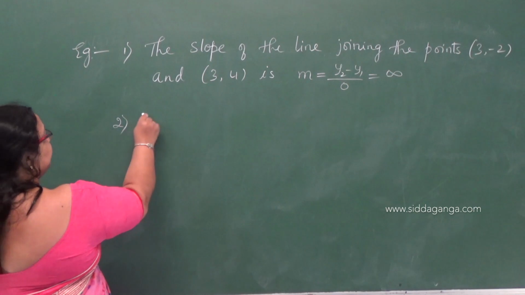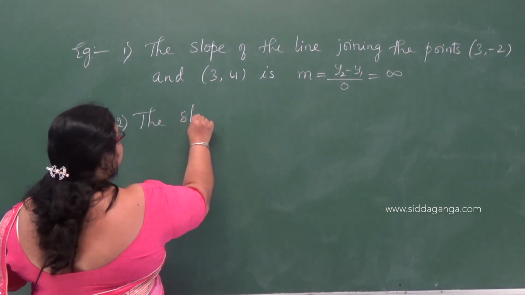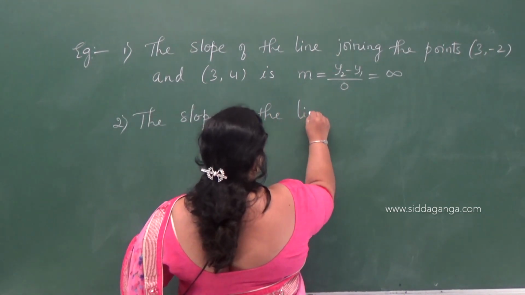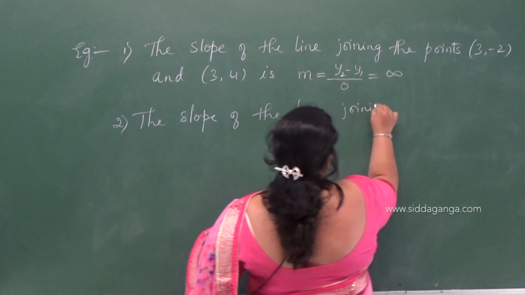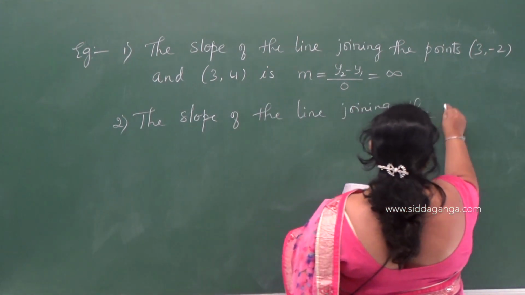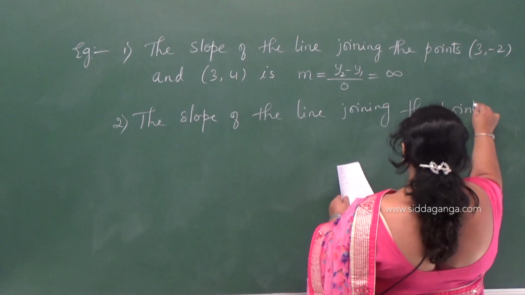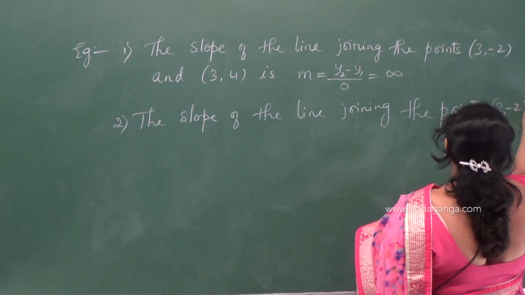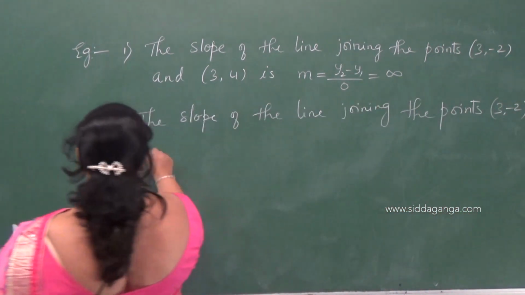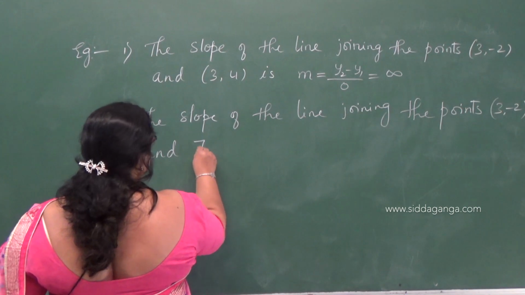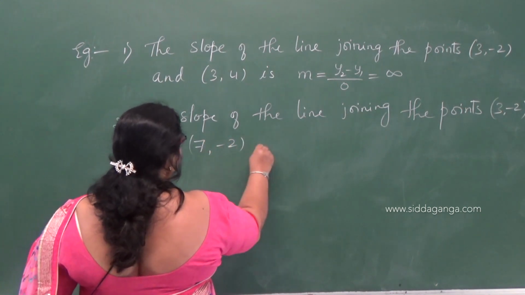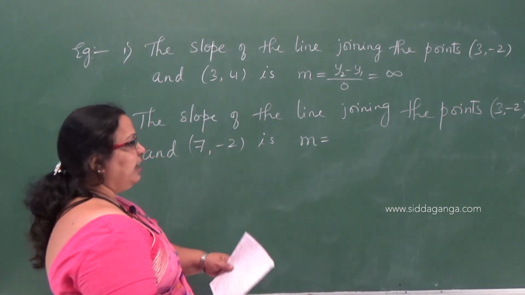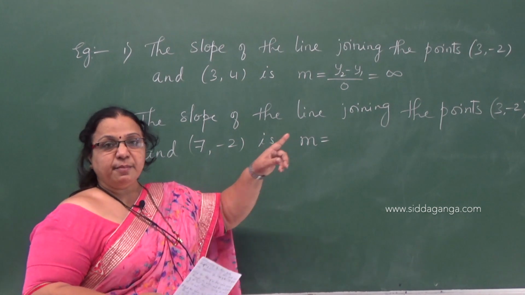Now similarly, another example: the slope of the line joining the points 3 comma minus 2 and 7 comma minus 2, m equal to... here the y coordinates are same.